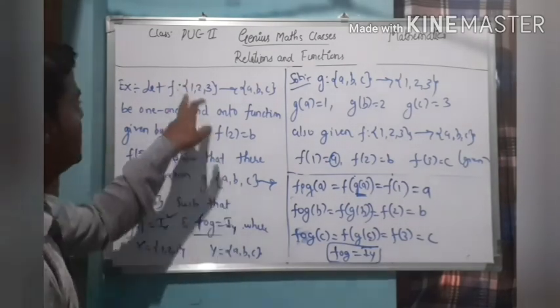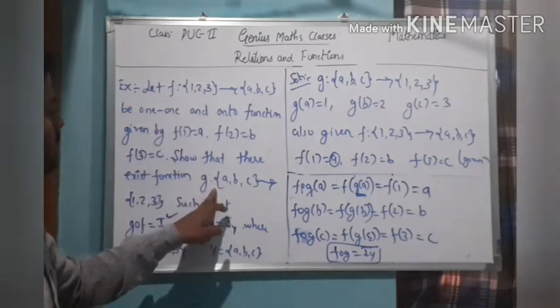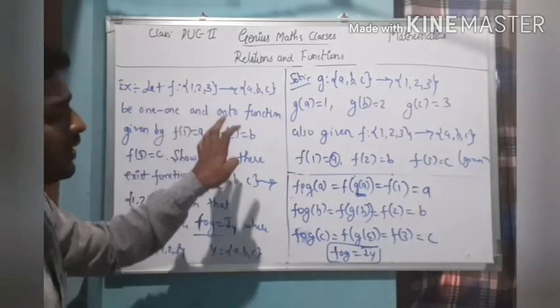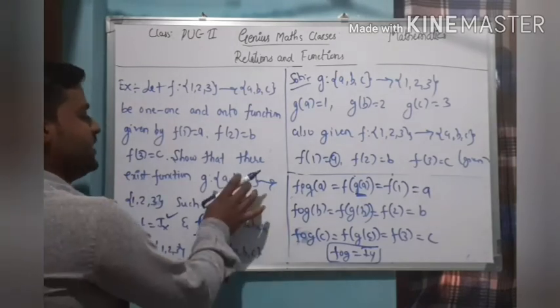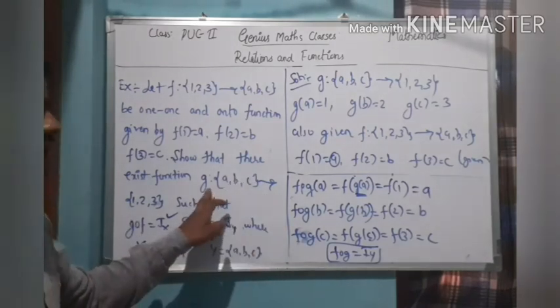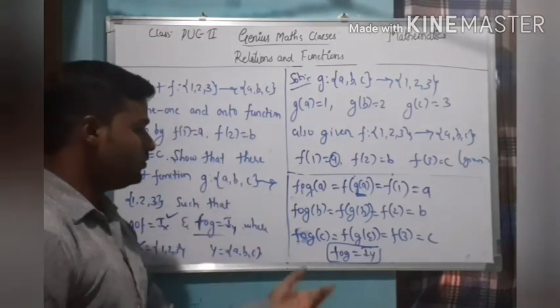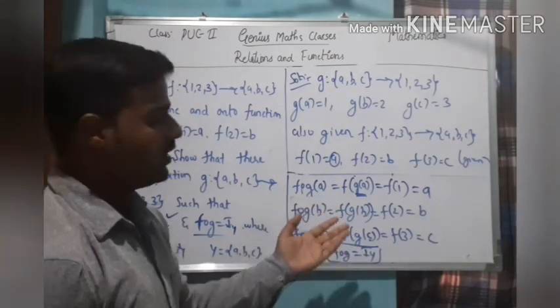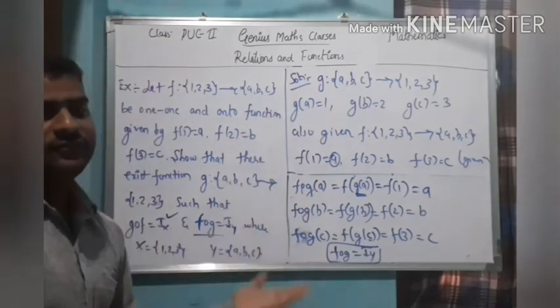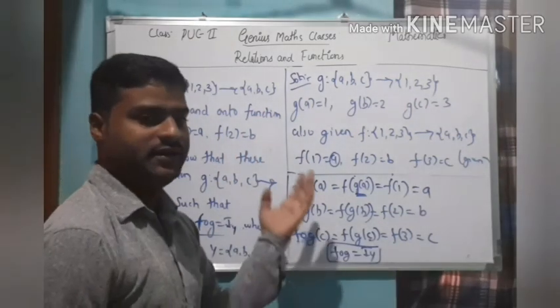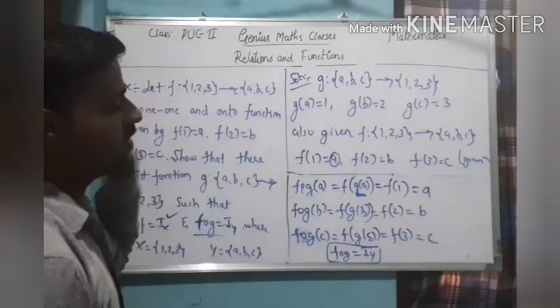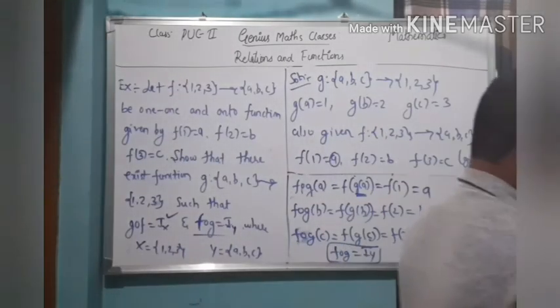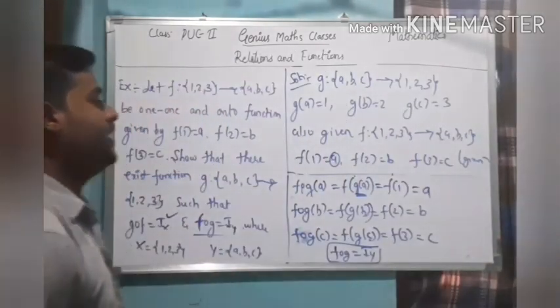So this concept is coming from this. When this function is one-one and onto, then only there exists the inverse function g, such that when you compose it, f naught of g, you get the identity function. This is the theme of the inverse function. Now let me define inverse function.